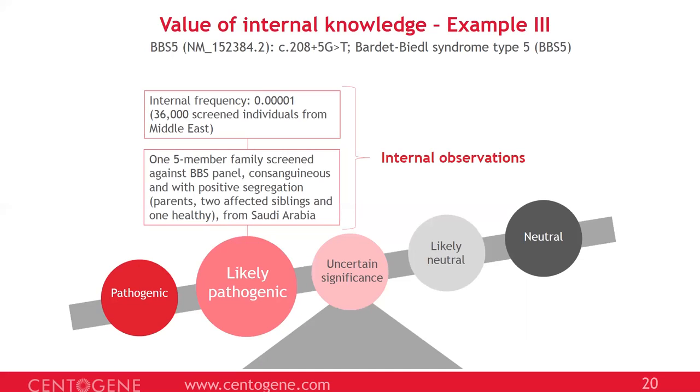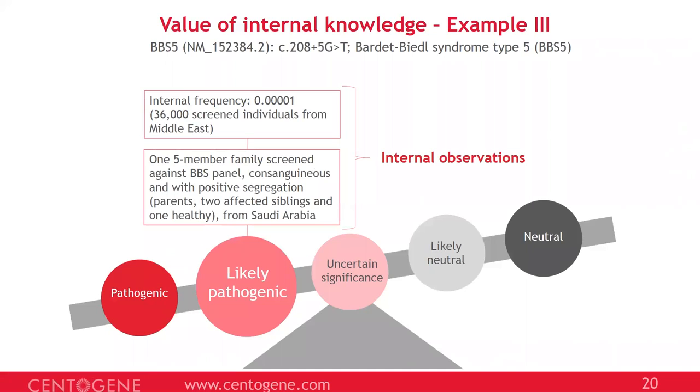In the meanwhile, we received 2 additional family members. One sibling was affected, similar to the index, and another was a healthy sibling. And of course, we analyzed all of them together, and we observed a nice genotype-phenotype correlation.